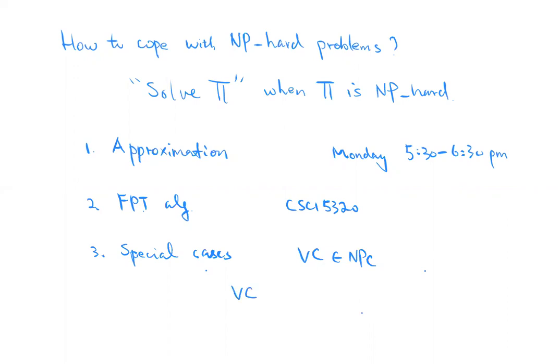So we only need to consider vertex cover on bipartite graphs. That's a special case. Or even easier, maybe just on trees, which we already know how to solve. For bipartite graphs, it can be solved in polynomial time by using matching techniques. So typically, there are at least these three different ways to deal with an NP-complete problem.